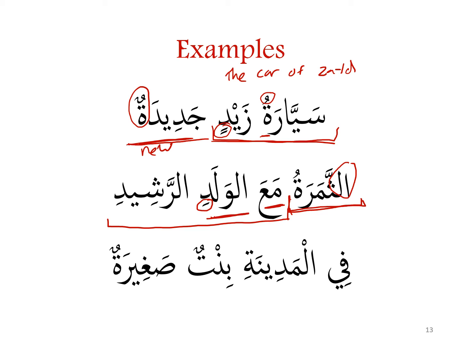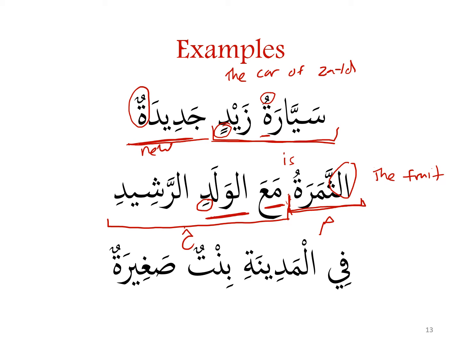So a jar wa majroor. Ma'al waladi. So al-thamaratu means the fruit. And you put the is between. So here's your mubtada and here's your khabar. The fruit is with the boy.